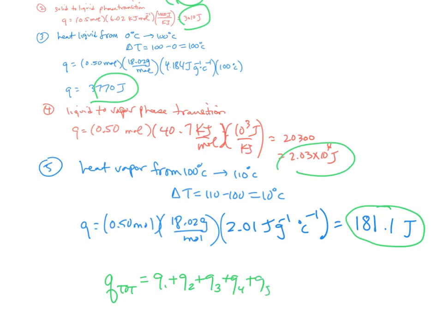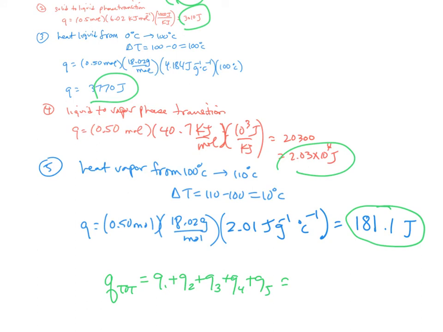There's no shortcuts with this one, by the way. You can't just multiply times the overall temperature change, 110 degrees minus a -5, and use that in anything. You have to do every step, and you have to consider the temperature change for each step. There's no shortcuts at all on this one.